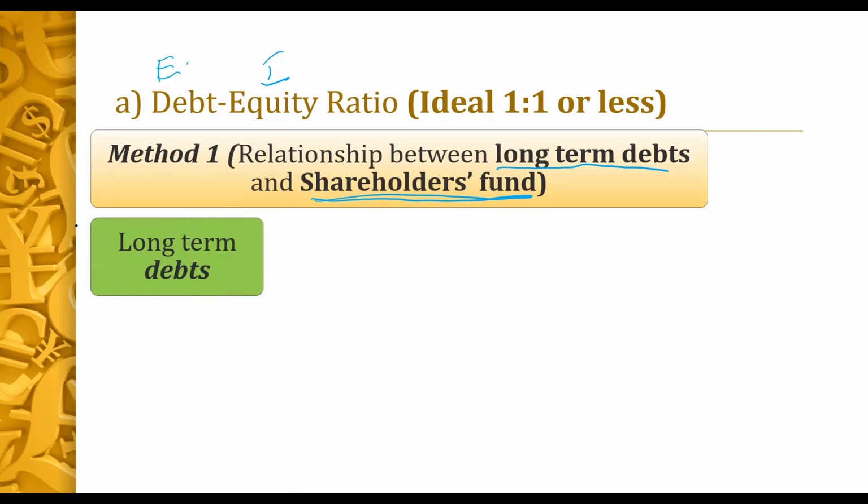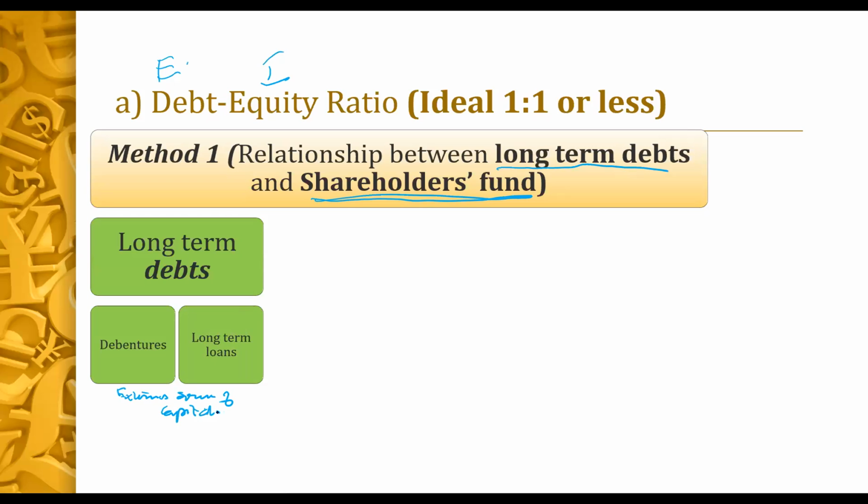What are the two components of long-term debts? It is in the name itself. Debentures and long-term loans. So this is an external source of capital.